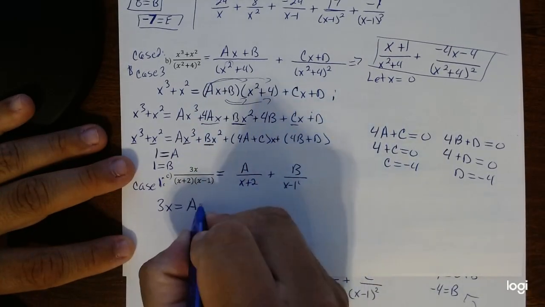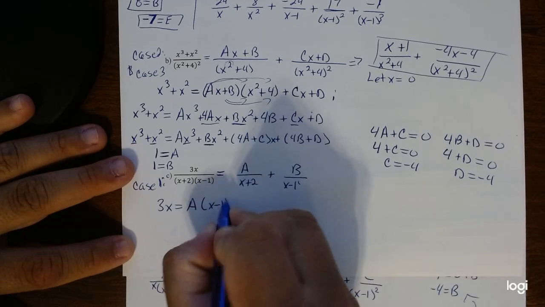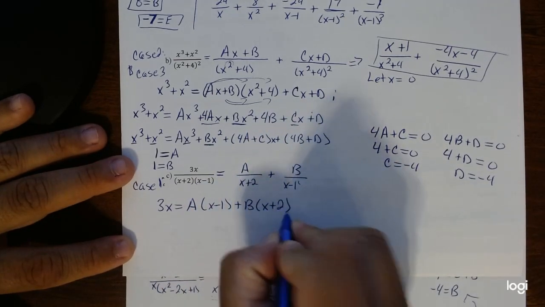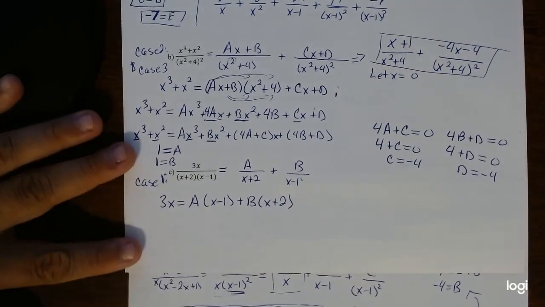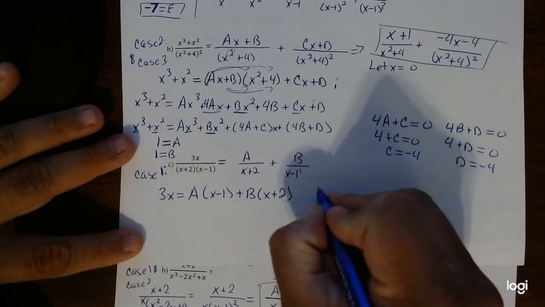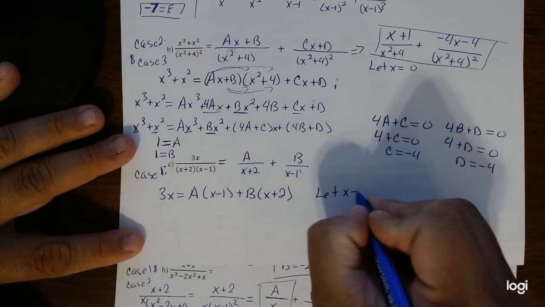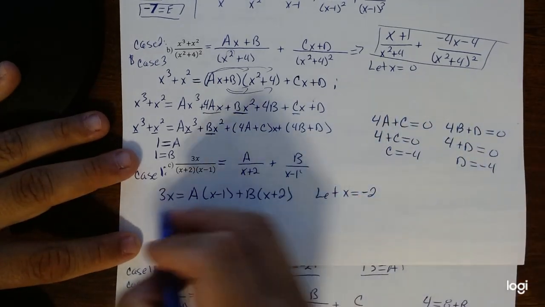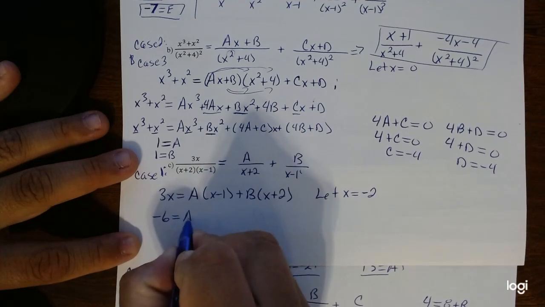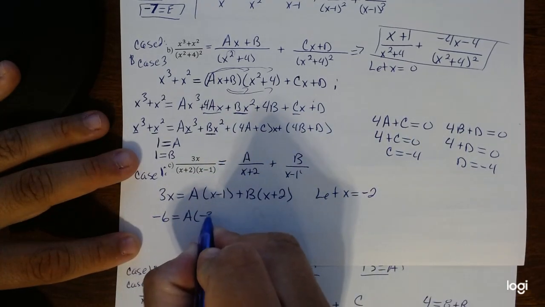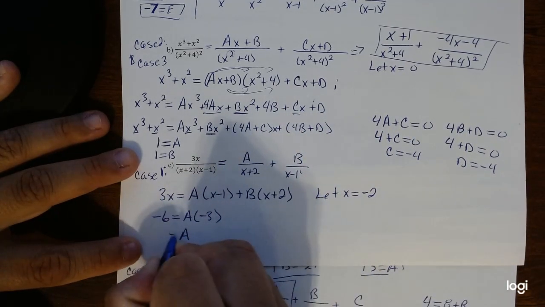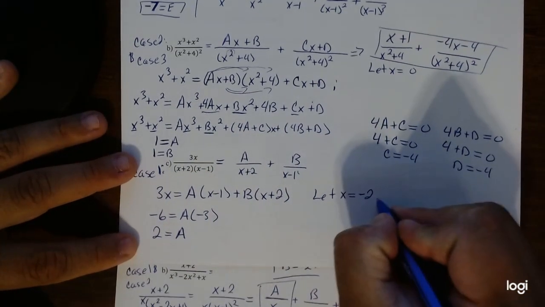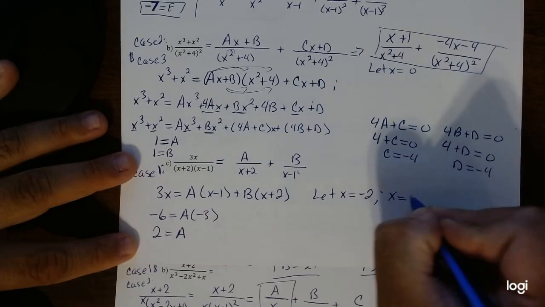So what's missing is the x minus 1. What's missing is the x plus 2. And now we could just let x equal 2 different things, right? So let x equal -2. That cancels this. So you get -6 is equal to a times -3. So a is going to equal 2. That's not that bad, right? And then we're going to let x equal, let's say, 1.